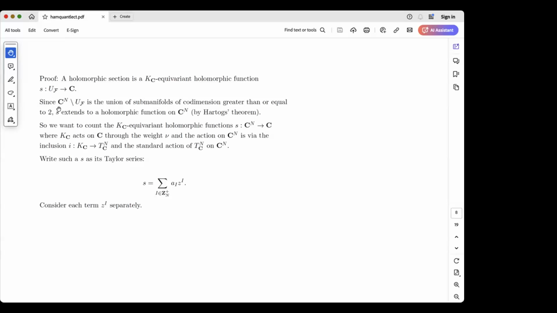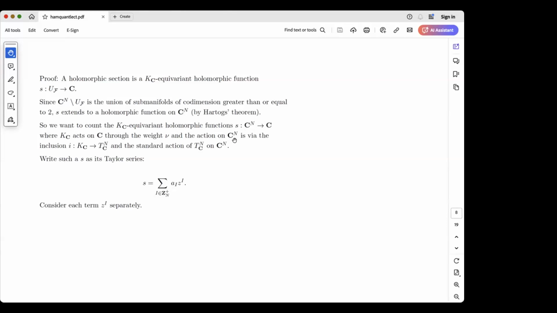So since C to the N complement U sub F is the union of submanifolds of codimension greater than or equal to 2, S extends to a holomorphic function on all of C to the N. This is by Hartogs' theorem. So we just want to count the K_C equivariant holomorphic functions from C to the N to C. So here K sub C acts on C through the weight nu, which we described on the previous slide.